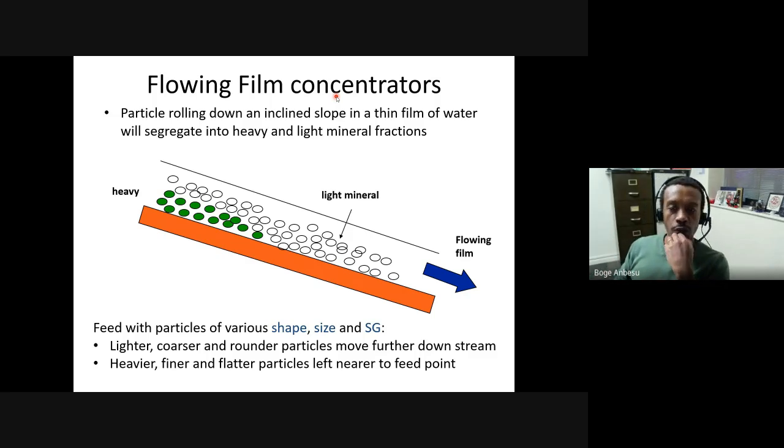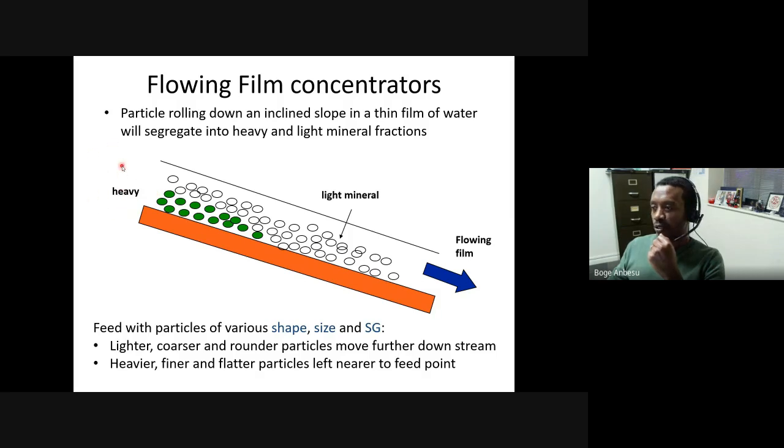Okay, so moving on. Another type of concentrators are flowing film concentrators. So as you can see in that picture there, to explain this simply, you have an inclined separating plane and you feed particles from this end.